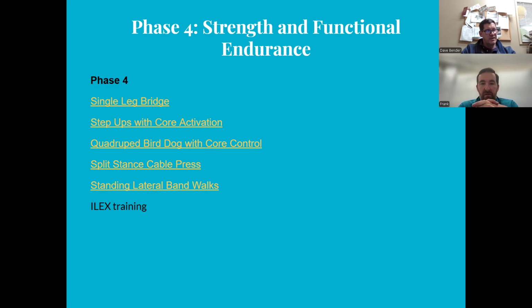ILEX training is one thing they've talked about more recently too, which is basically resisted extension, using extension machines and holds. They found that it hypertrophies the multifidi. It's based on a study done a number of years ago, where they looked at eccentric-concentric exercises, like back extensions, versus 10-second holds.